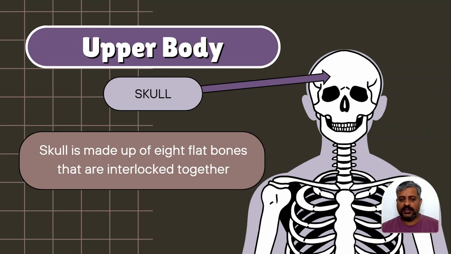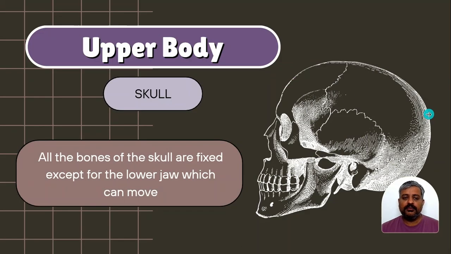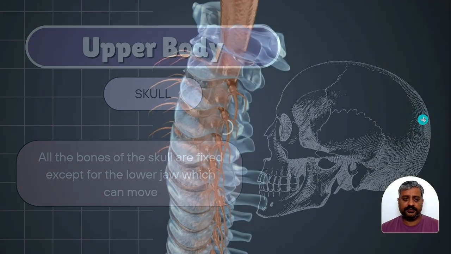First things first, the skull. The skull is made up of 8 flat bones that are interlocked to each other, so they are immovable bones. They don't move here and there, right? In our skull, all the bones are fixed except for the lower jaw, which can move, and that is why we can eat, talk, and do a lot more things.